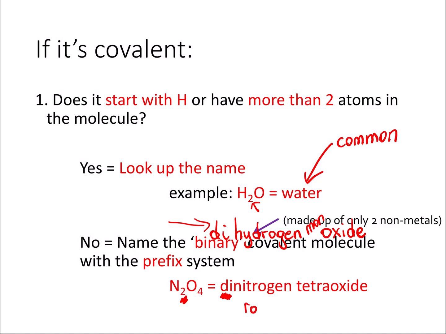So the root word, right, is nitrogen. So you go with that. The next word, you say the oxide part. Now that reminds me of what we were saying when we were naming ionic compounds. But you have to say the number in front of it, because that's a way of indicating the subscripts. Please don't do that if we're talking about an ionic compound. It's only for the covalents. Only for the covalents. All right.